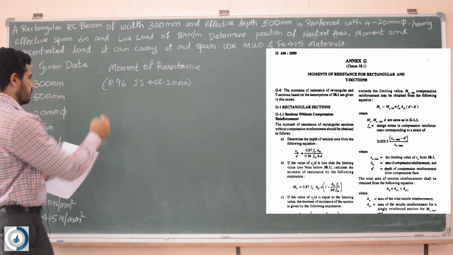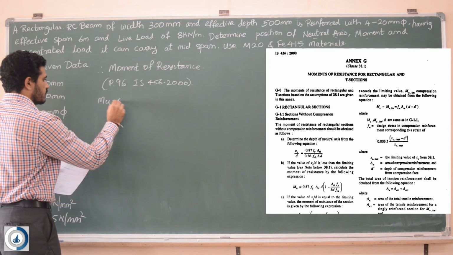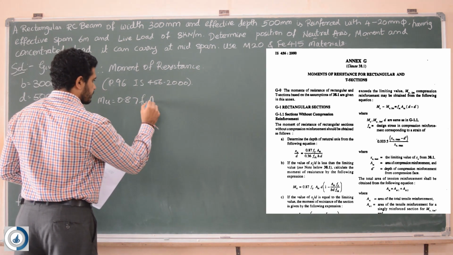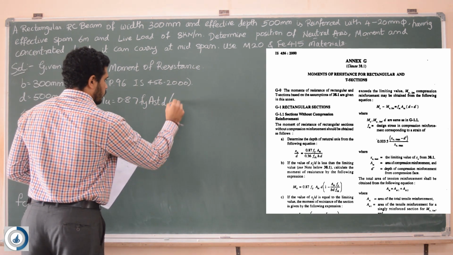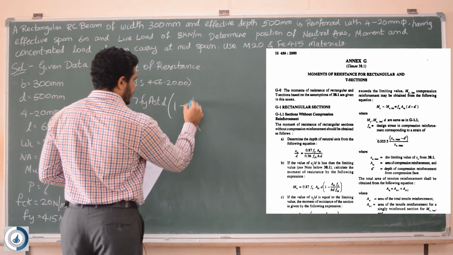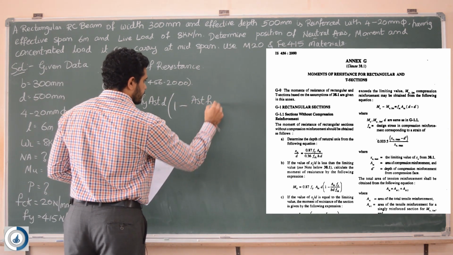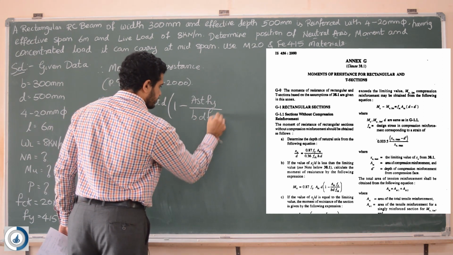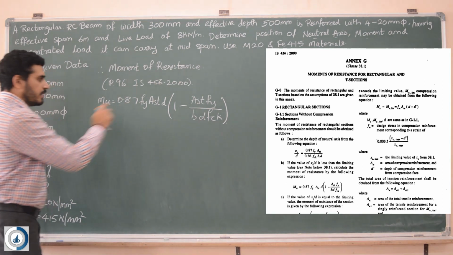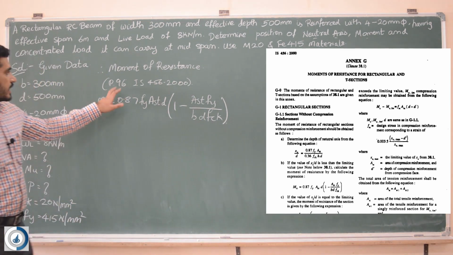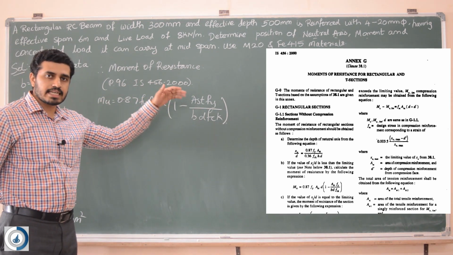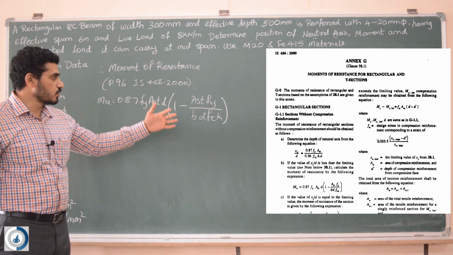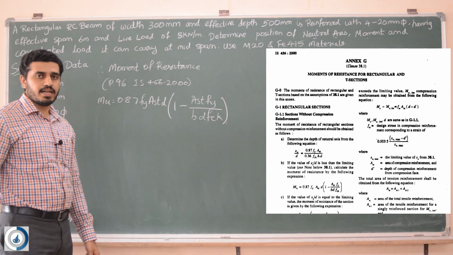The formula is Mu equals 0.87 fy Ast d, 1 minus Ast fy divided by b d fck. You can find this formula on page 96 of IS 456-2000, exactly below the Xu by d formula which we used to locate the position of neutral axis.